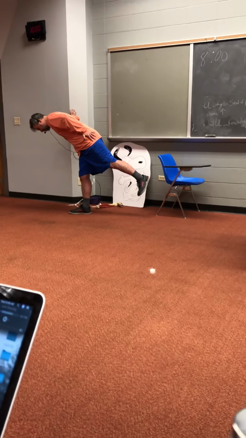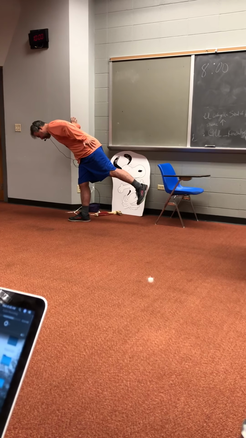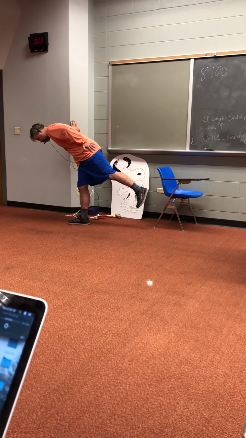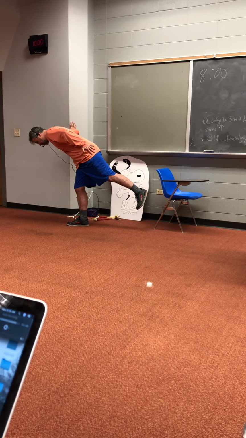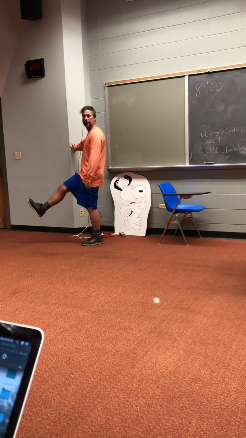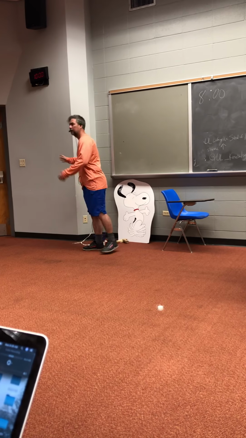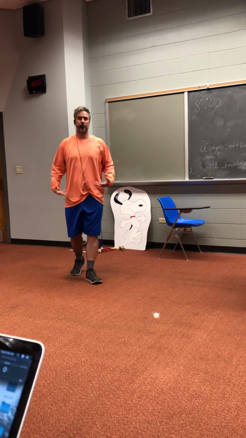And now on the count of 3, I want you to bring your head back up to its anatomical position. 1, 2, 3. It's the same thing, because this to this is the same as this to this from the perspective of my hip joint.